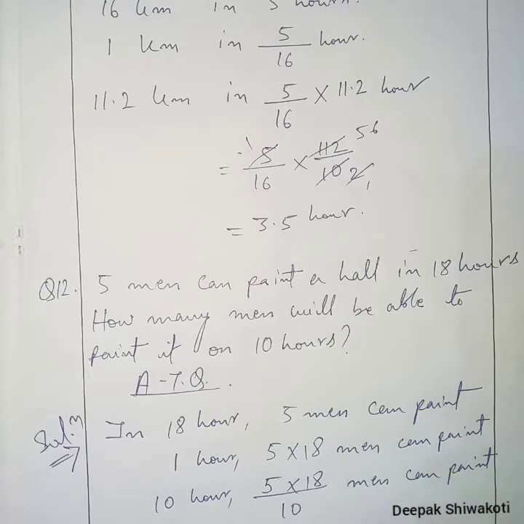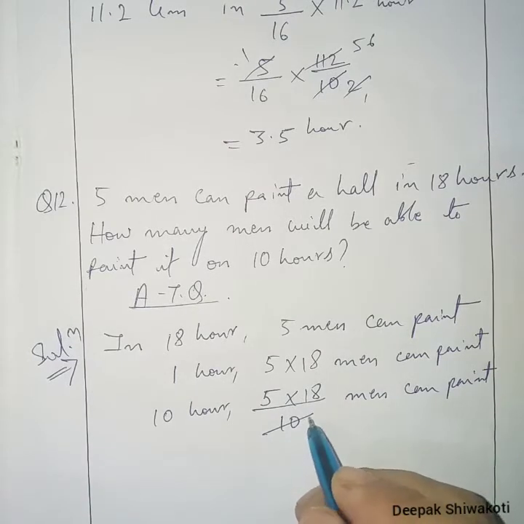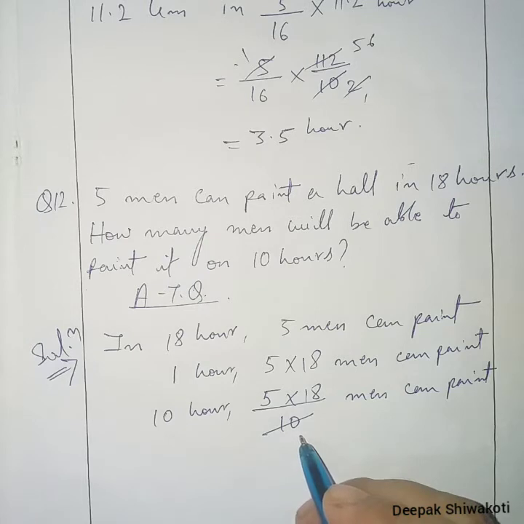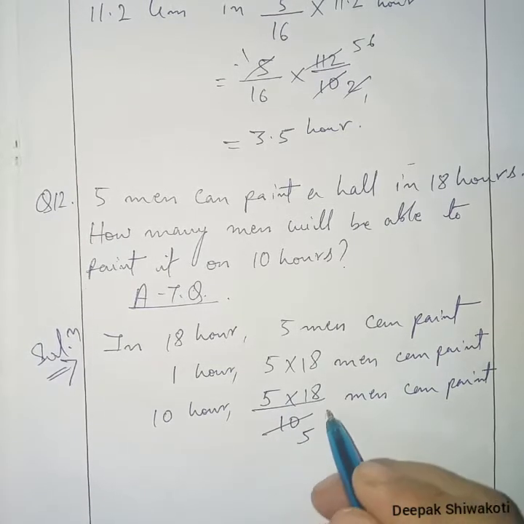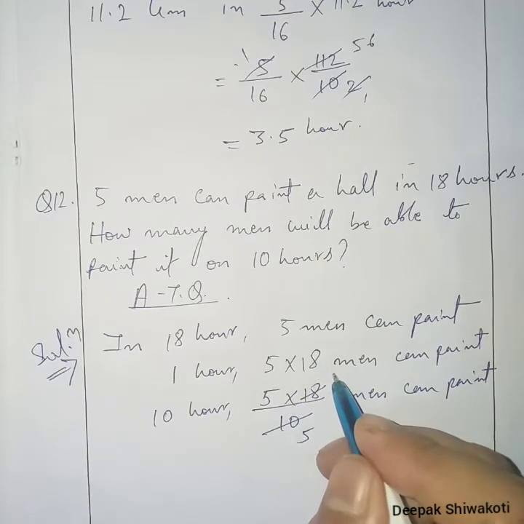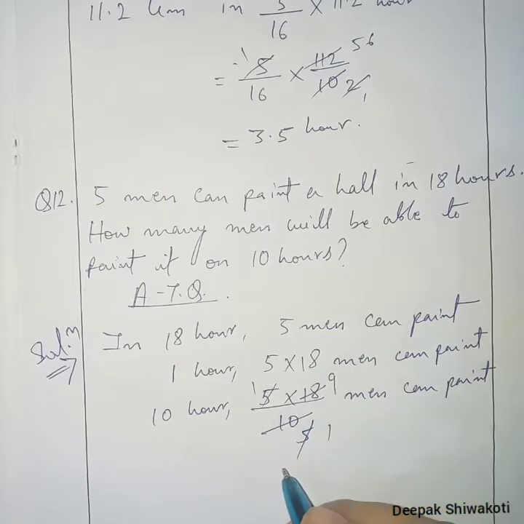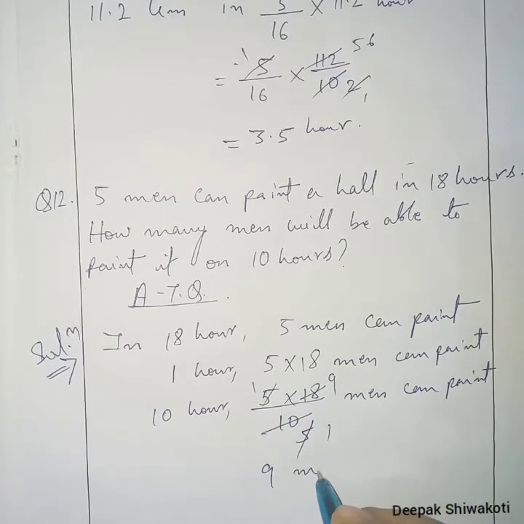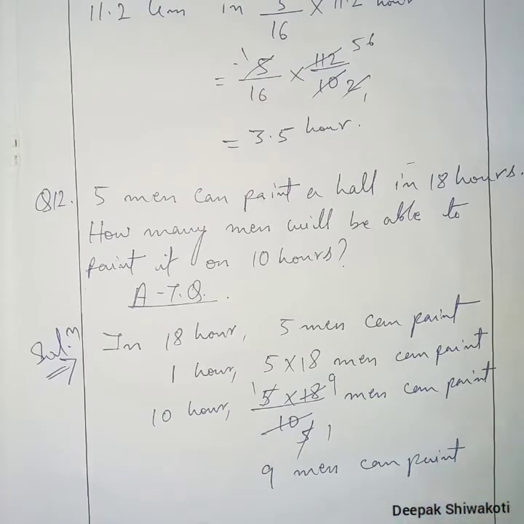So simplifying this, you will get by 2 here, by 5. So here we are getting 9 men can paint a hall in 10 hour.